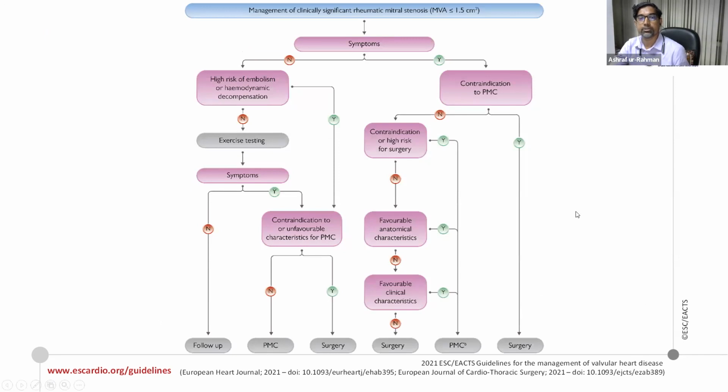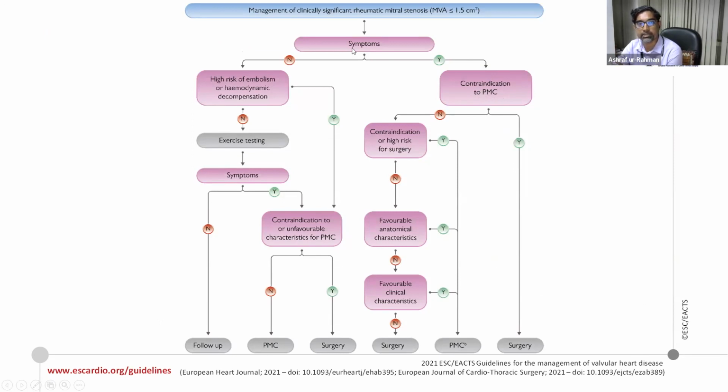And this is the ESC guideline showing valve area less than 1.5 and a patient with symptoms. If there is no contraindication for PMC, these patients should proceed for PMC. And if there is a contraindication for PMC, these patients should proceed for surgery, that means MVR.